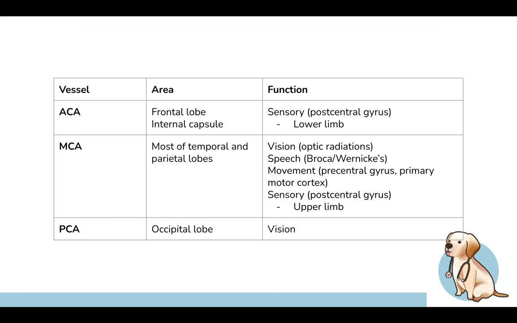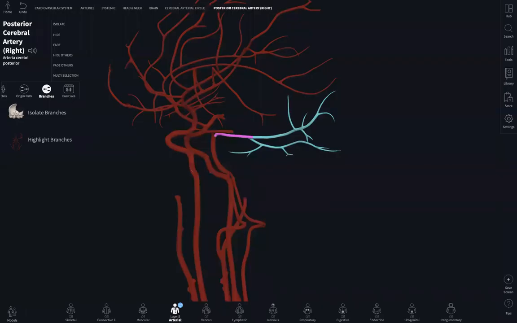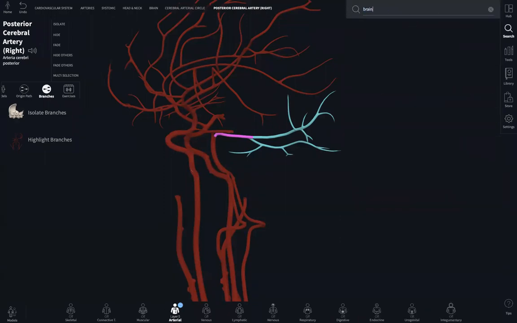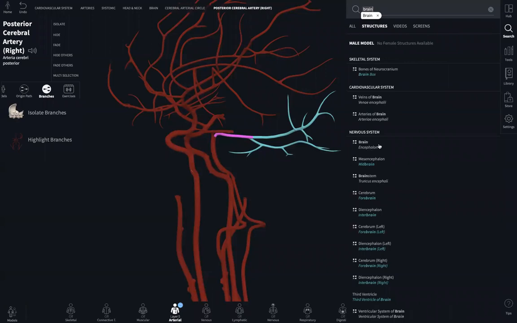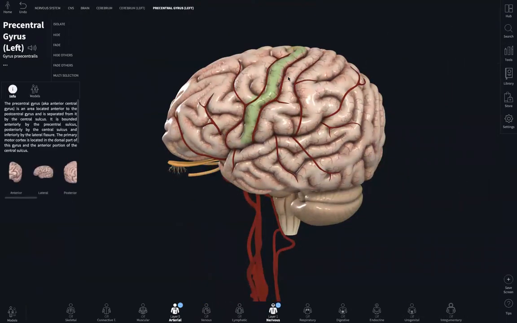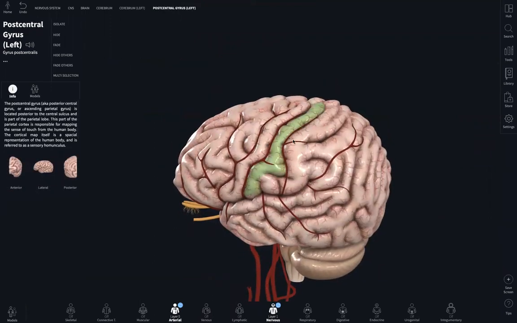Now, if you remember funky homunculus man, where the homunculus is the post-central gyrus. So if we take a look at the brain, this gyrus right here, if you took this gyrus and sliced down either side of it, that slice of brain is your sensory cortex.